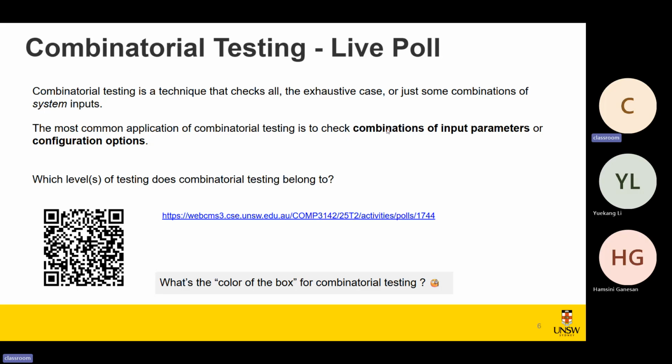So what is the color of box? Yes, black box. Because we don't know the internals of the software we are testing, we don't have access to the source code, and it's also not gray box because we are not instrumenting the software. We are not getting information from the code. So that's why it's totally black box. We are just dealing with different inputs.